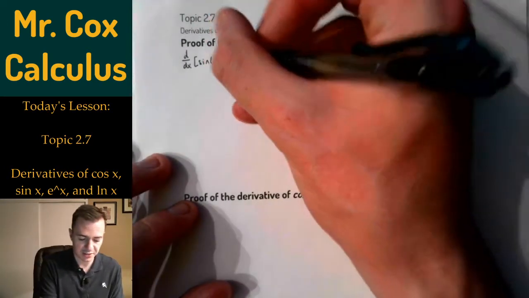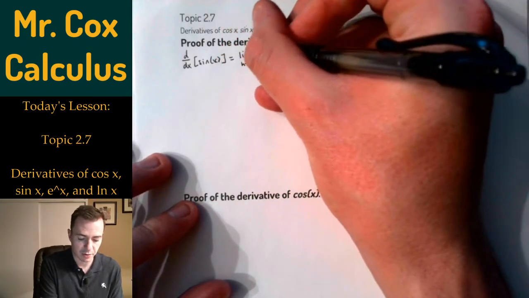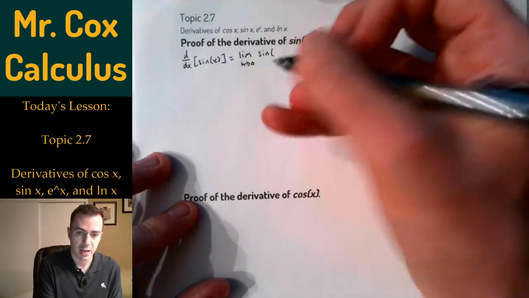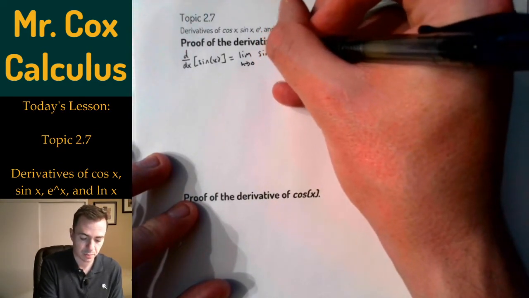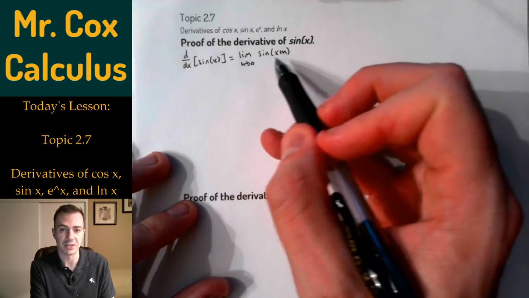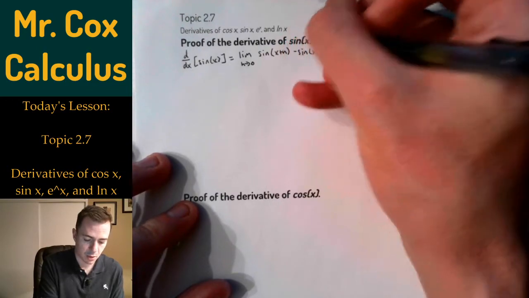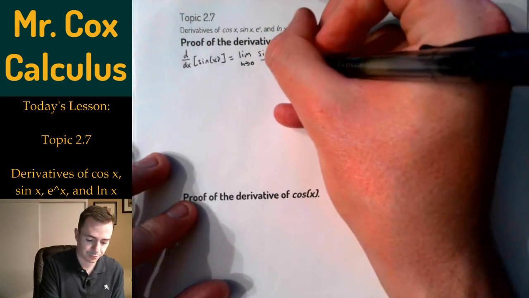Well, let's write this out as the limit definition. This is the limit as h approaches 0 of sine of x plus h, that would be f of x plus h, having x plus h as the argument of sine, minus the sine of x, all over h.